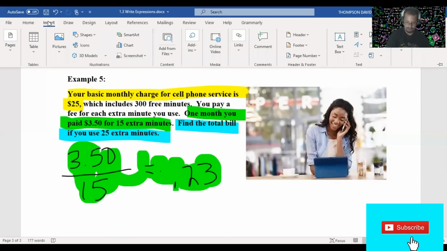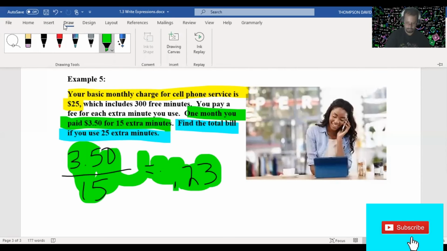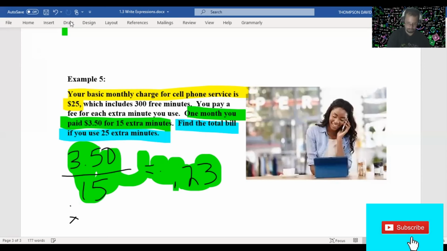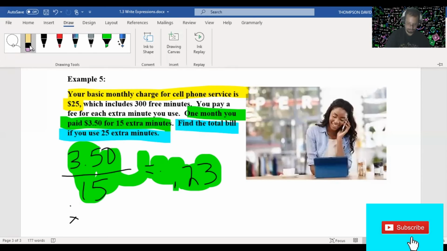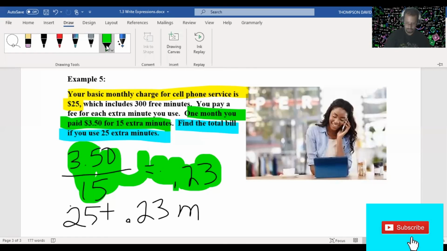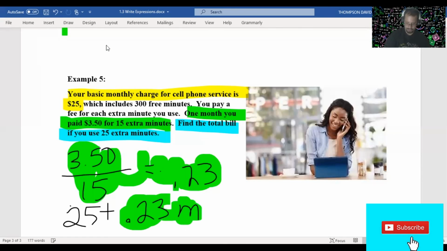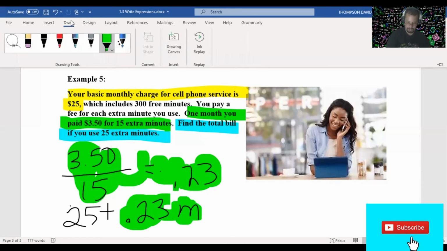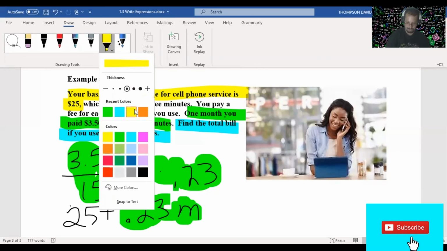Now we want to write an expression. So it's going to be 25 plus 0.10m per minute. We'll highlight the 0.10 in green, and to be consistent, we'll highlight the 25 in yellow.